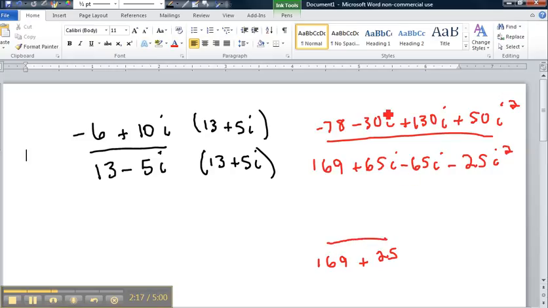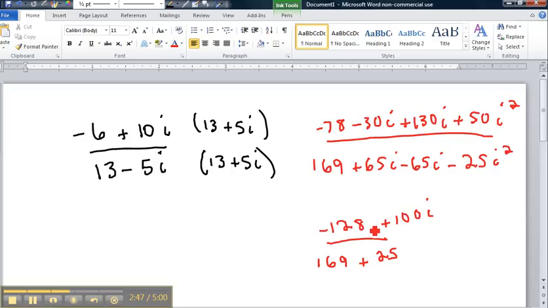The numerator, let's see, this is negative 1. 50 times negative 1, that's negative 50. So then you have negative 78 minus 50, which will be negative 128. And then if you combine negative 30i plus 130i, that'll give you 100i.